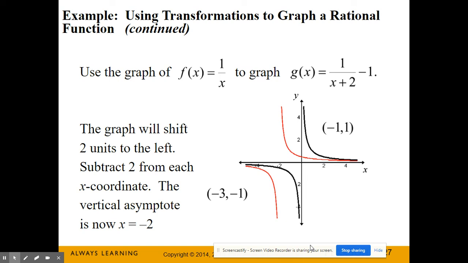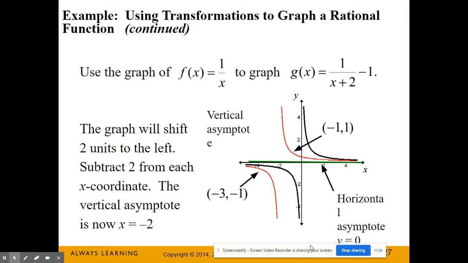We've shifted everything 2 to the left because of that plus 2. And our two ordered pairs have also moved 2 to the left. The horizontal asymptote now is still at y equals 0. And the vertical asymptote has shifted over to x equals negative 2.